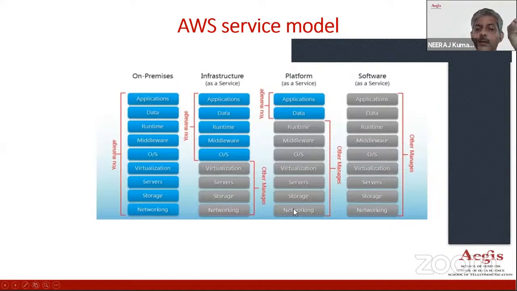Behind the scenes, SageMaker manages all these things. You just have to provide your applications or data which you want to use for building your ML models. So just keep in mind this context, SageMaker is platform as a service within AWS. I will show you also in the console how it actually looks and what all ML stacks are there.